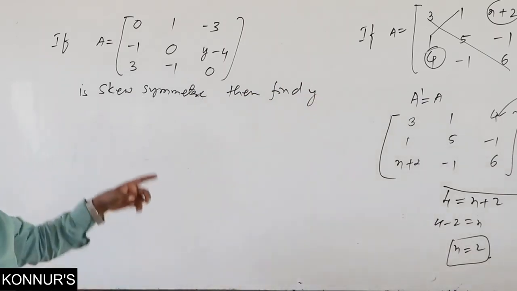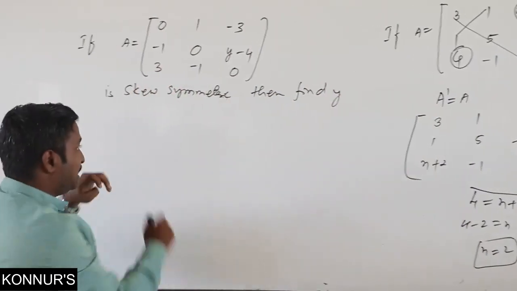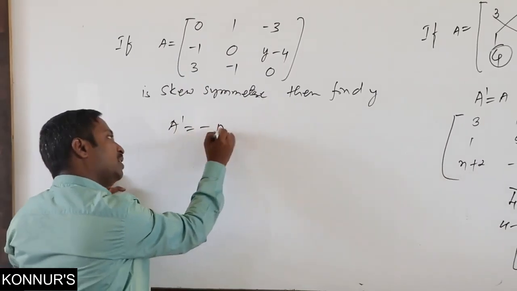How to find y? Skew symmetric. You can make use of A dash equal to minus A.